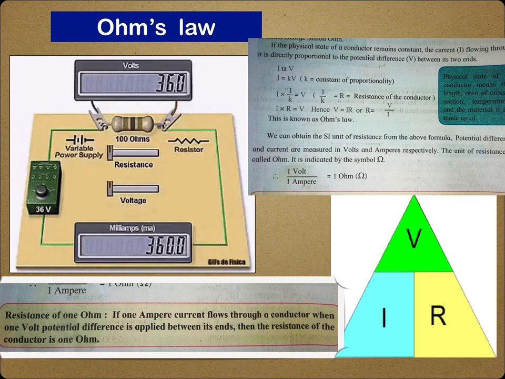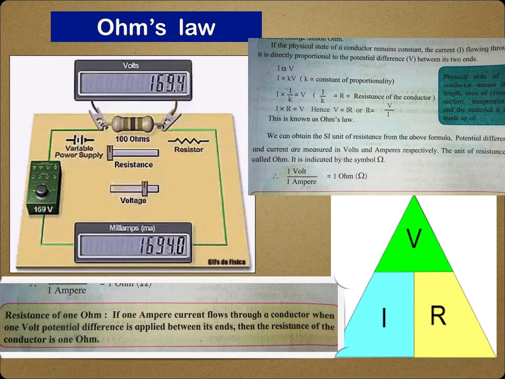Now children, there is a simple trick to solve for any one quantity if the other two quantities are given. You can see in the picture a triangle wherein the letters V, I and R are written.